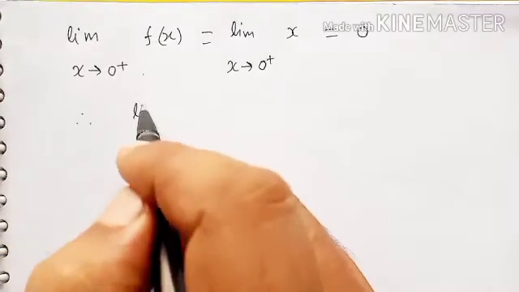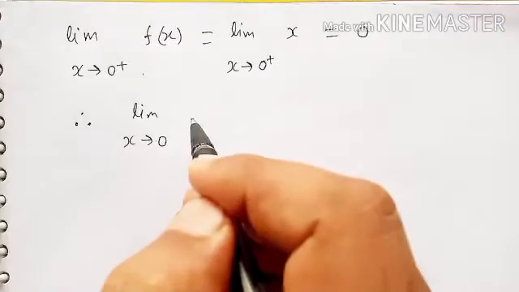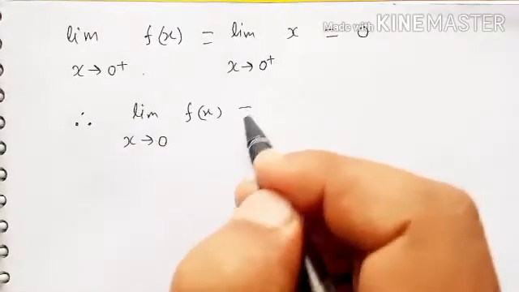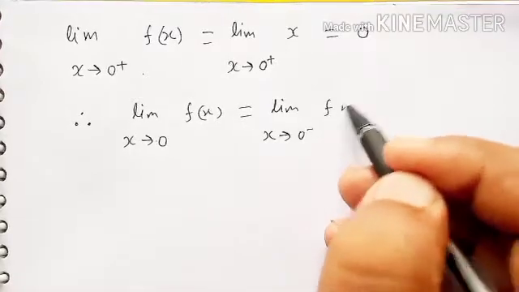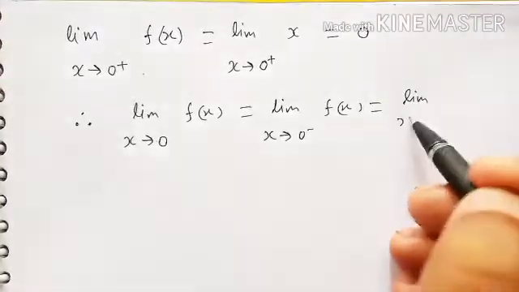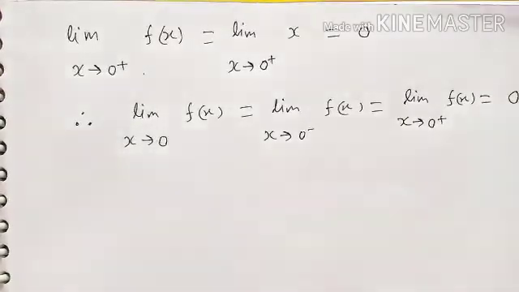Therefore, limit x tends to 0, f(x) is equal to limit x tends to 0 minus f(x), limit x tends to 0 plus f(x), both are equal, that is 0.